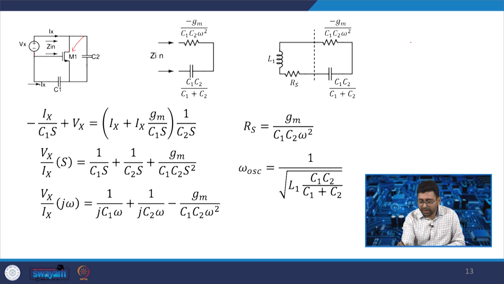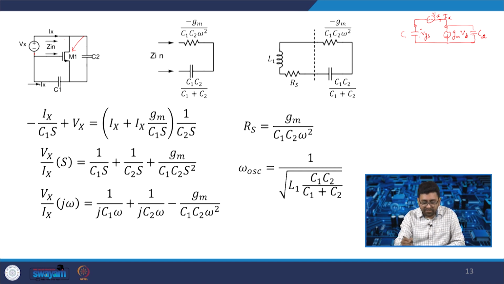So, here you can draw the small signal circuit. This is a capacitor C1, this is a Gm into VGS, this is nothing but VGS, and you will have a C2. We are seeing the Vx here, so this is plus or minus Vx and current Ix is flowing in this direction.